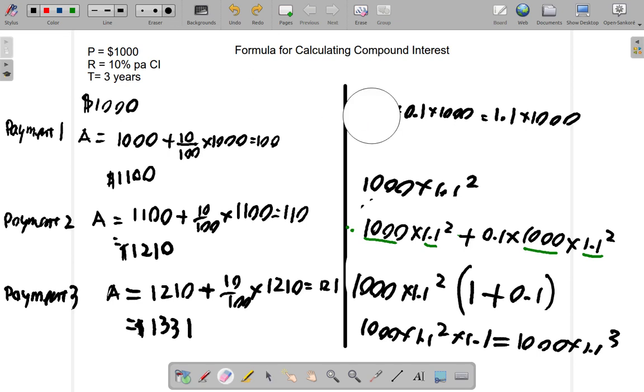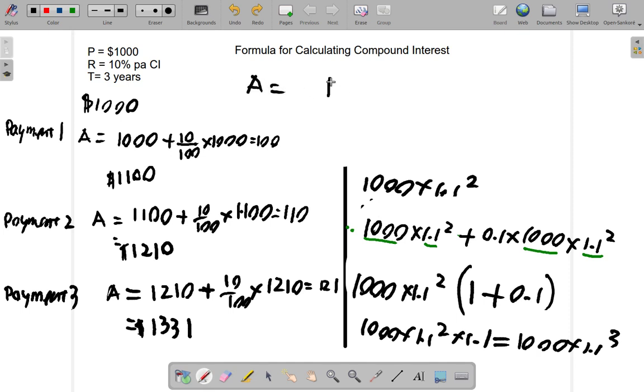Let's make some space here. 1,000 was the principal, so it seems as if the amount that you have after a certain number of payments is the principal. Now the 1.1, the 1,000 times 1/10 of 1,000 can be written as 1,000.